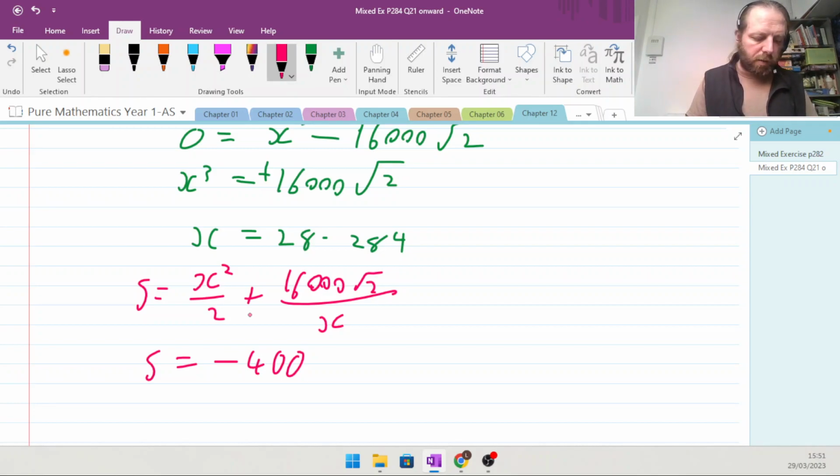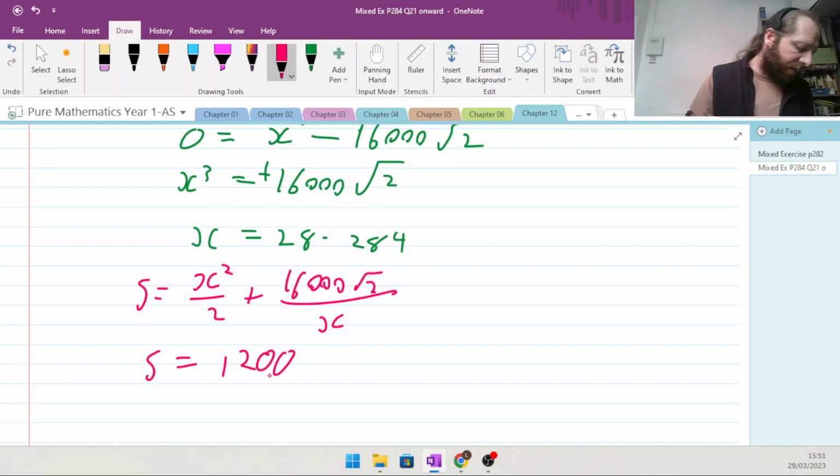I wrote minus, not plus, on the calculator. So change that to a plus 1,200. Wrote plus in there, but I didn't put it in on the calculator. So 1,200. Okay, justify that the value of s you have found is a minimum.